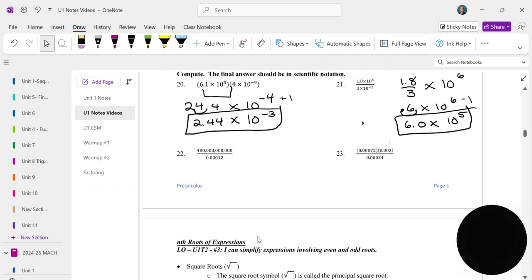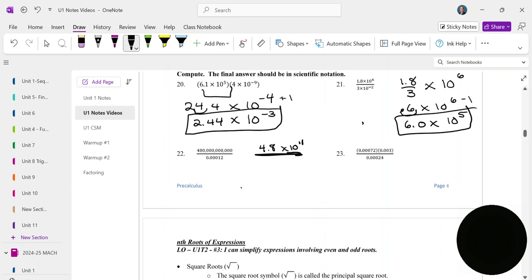And then here, when you divide, what I would do is I'd change it into scientific notation first. So I'd make this, it goes 3, 6, 9, 10, 11. So I'd make it 4.8 times 10 to the 11th. Over.